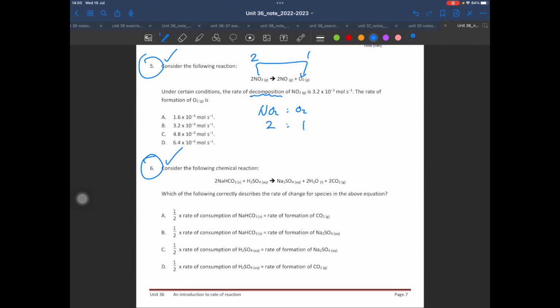Right? Of course, the O2 will get a slower rate. That means the rate of formation of O2 should be less than 3.2 times 10 to the power minus 3, right? And you have only one choice, which is A.